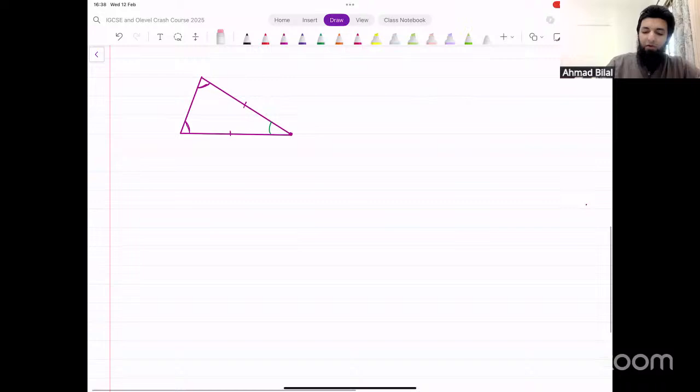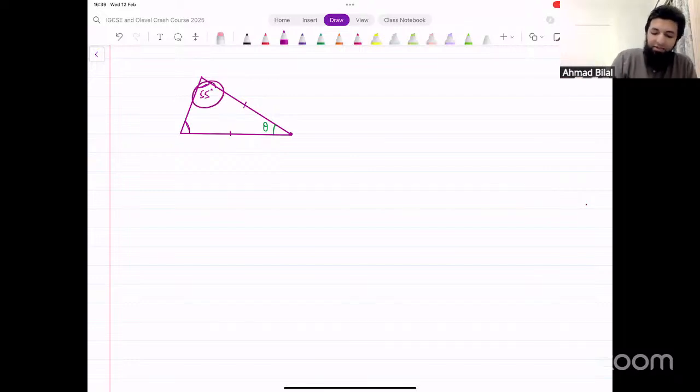However, now what I want to do is find this angle theta. And I'm given that the angle on top here, let's suppose, is 55 degrees. This is what I know. Now, how can I find the angle theta in this case?